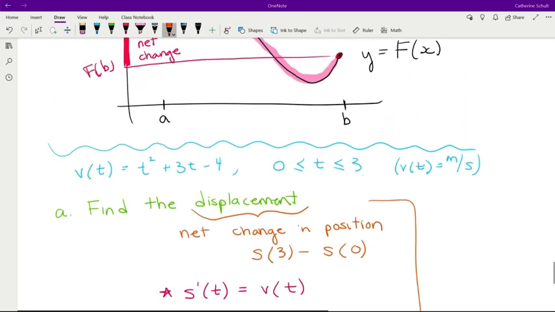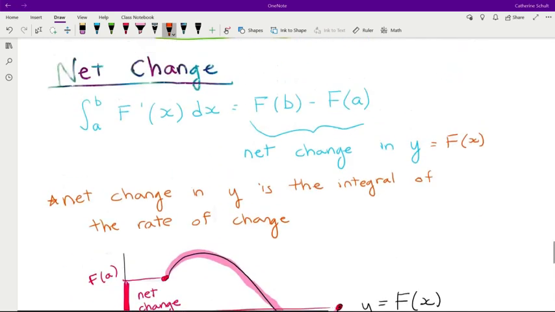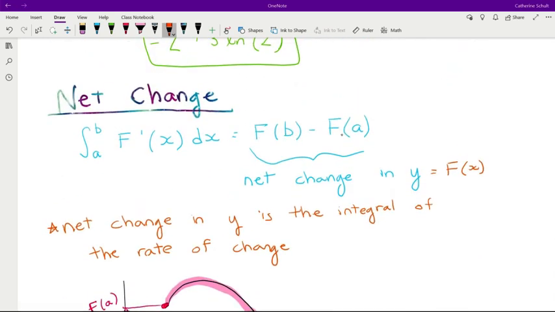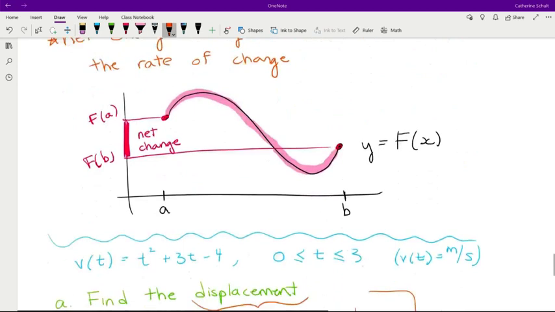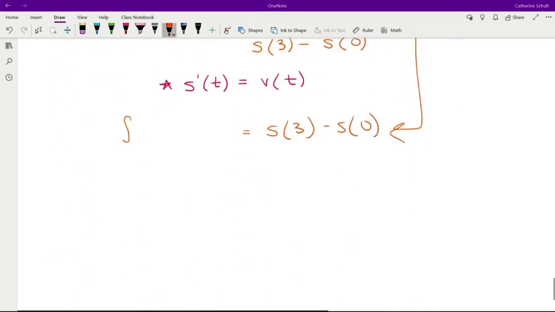Well, according to what we just looked at, s of 3 minus s of 0, we can take the limits of integration from 0 to 3 of s prime of t, dt. And then what's s prime of t?